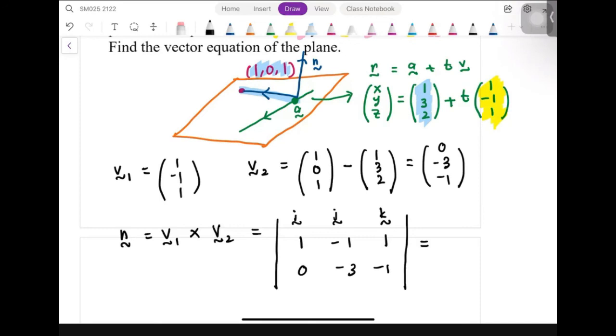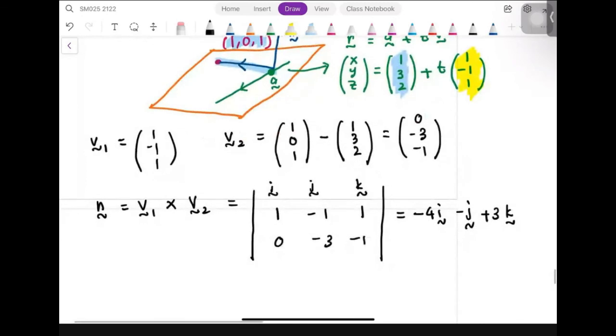Awak dah penat cari, dah tahu dah macam mana nak dapatkan normal vector. So janganlah careless masa nak cari cross product. Kalau rasa tak pasti tu, tekanlah calculator. Calculator confirm takkan tipu awak. Alright. So we should have negative 4i minus j plus 3k. Okay. Settle for that normal.